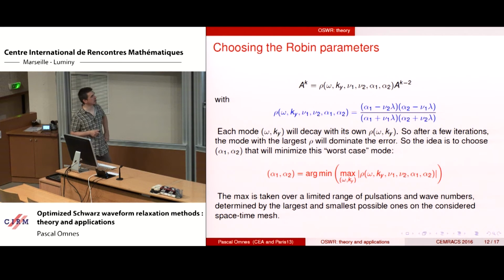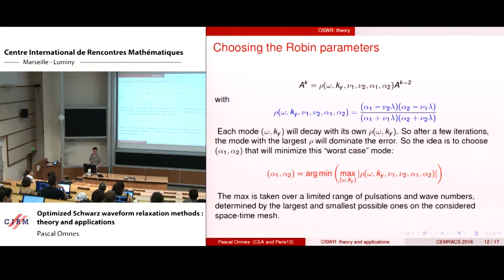What I have to say here is that the max is taken over a limited range of omega and k_y. These are the ranges that are attainable by the largest and smallest possible ones on your given space grid and time grids. So this is the general idea of how you choose your parameters alpha 1, alpha 2.